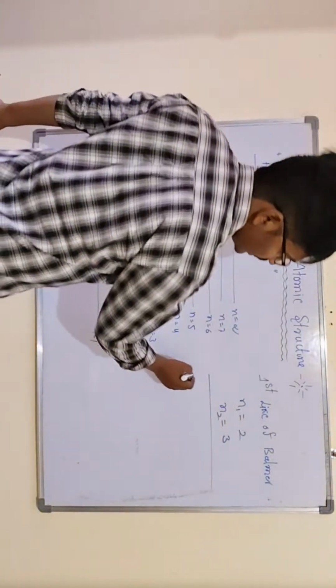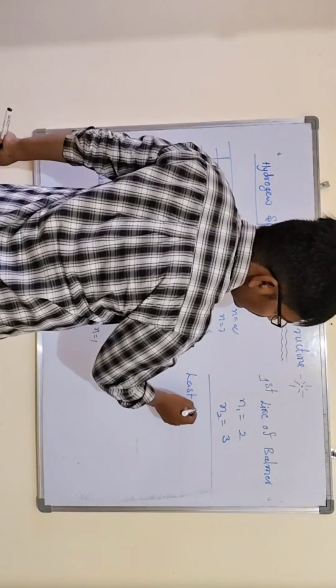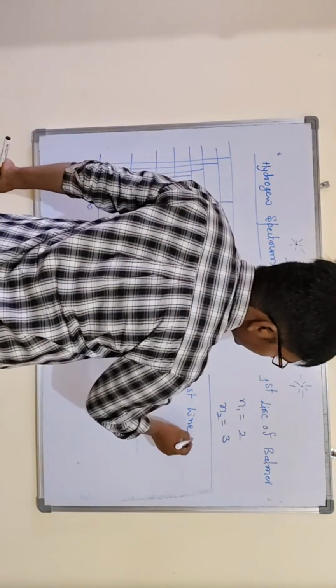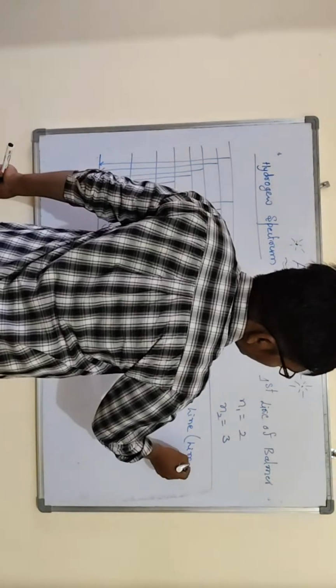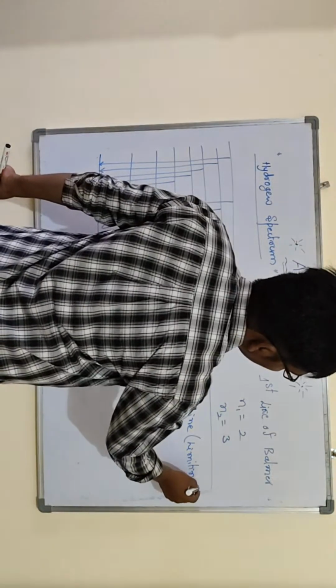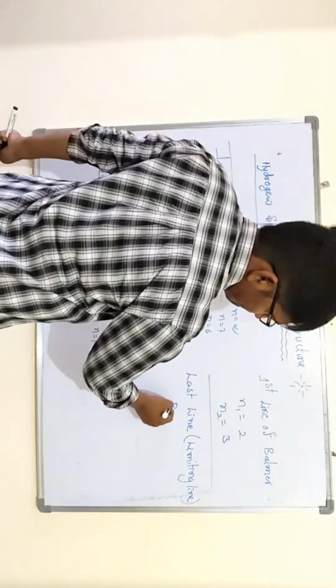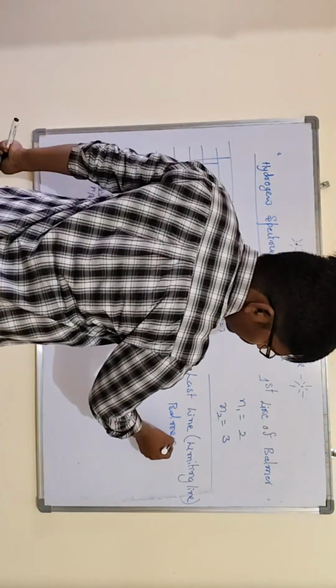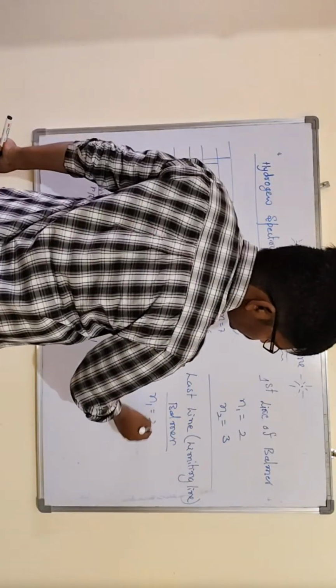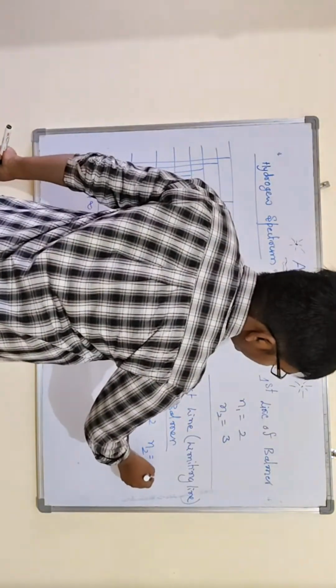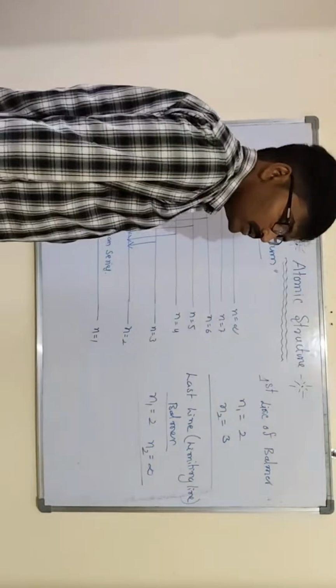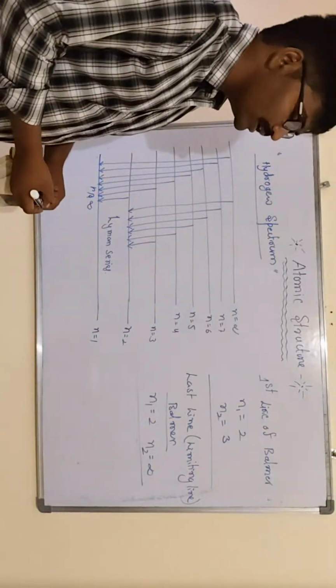Then the last line or limiting line of Balmer series. For the Balmer series, what you have to take? N1 value 2 only, but n2 value infinity. So again, shortest wavelength and longest wavelength.